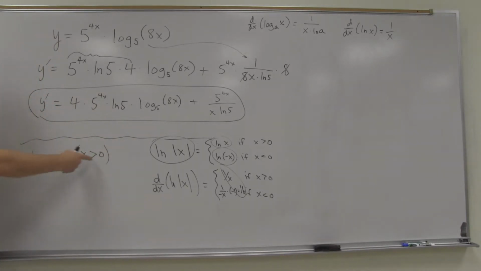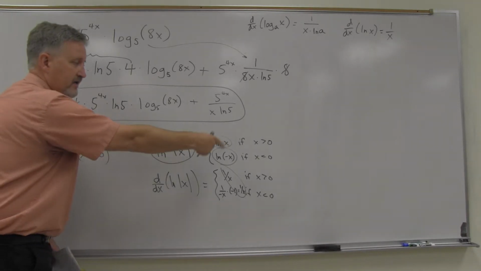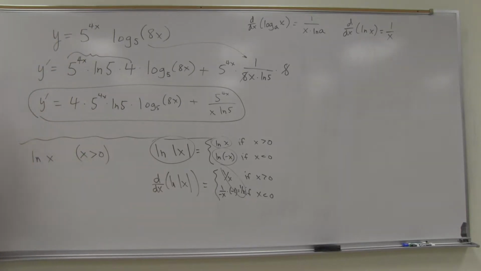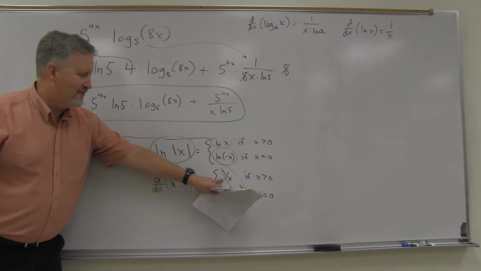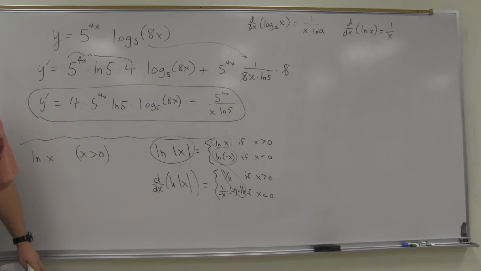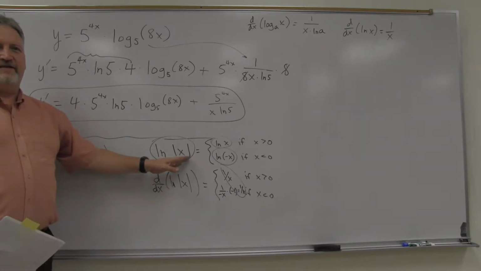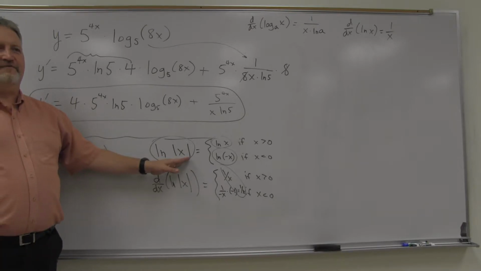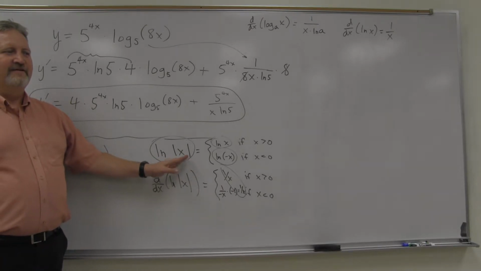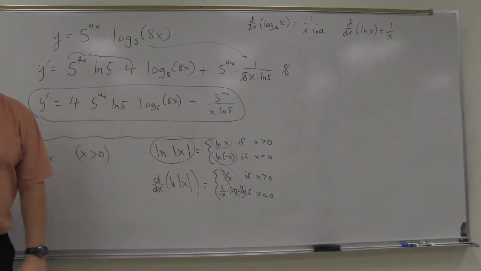This can only be greater than 0, but this can be anything except 0. Even in that case, the derivative is still 1 over x, whatever x is. Like I said, you probably won't have to do the derivative of the natural log of absolute value of x.